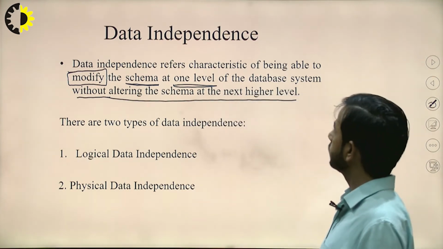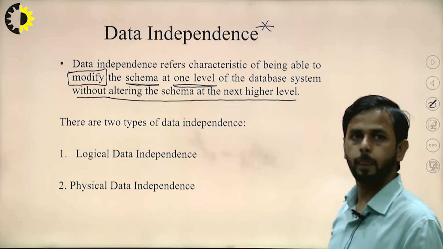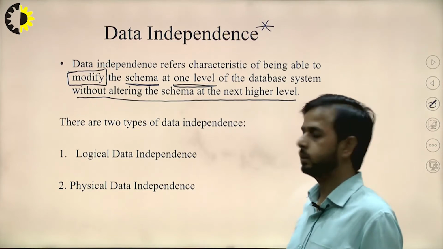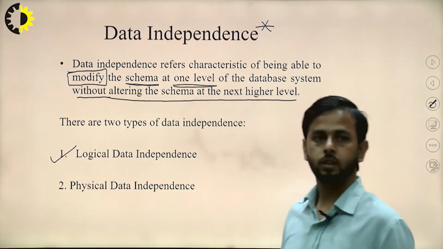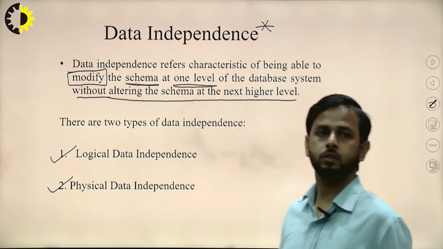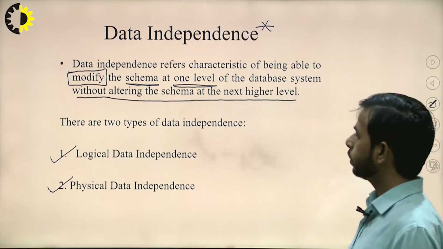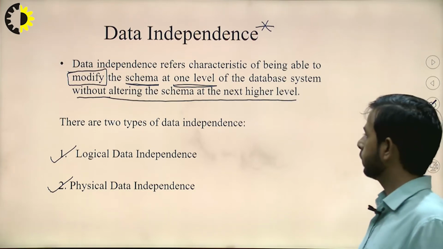So this concept is known as data independence. There are basically two types of data independence: logical data independence and physical data independence.